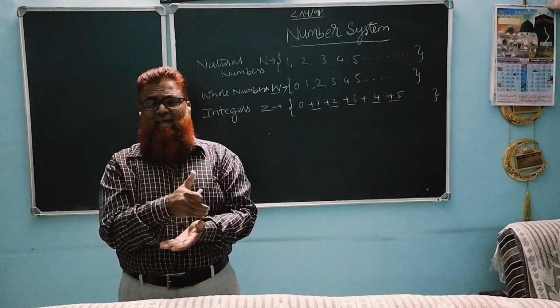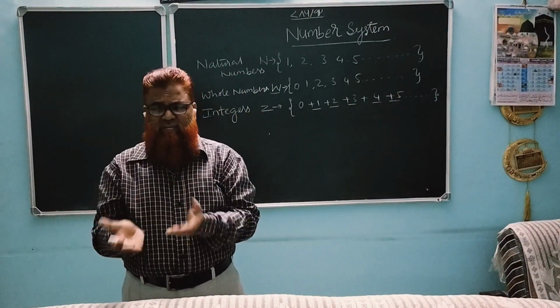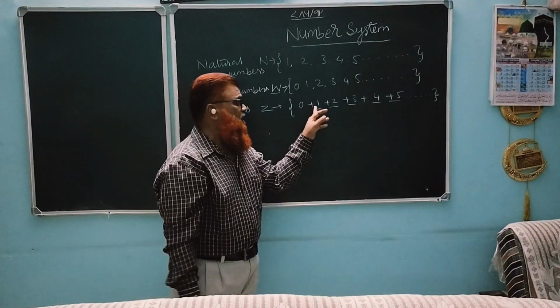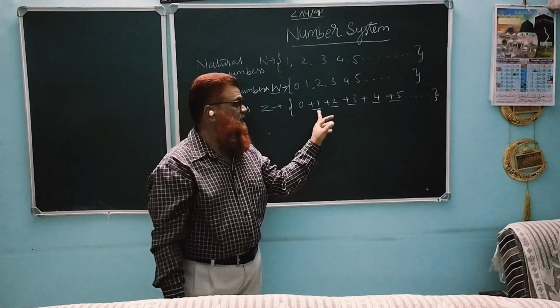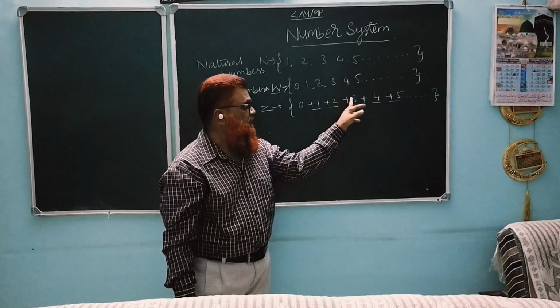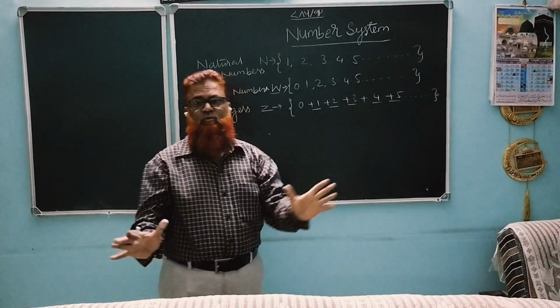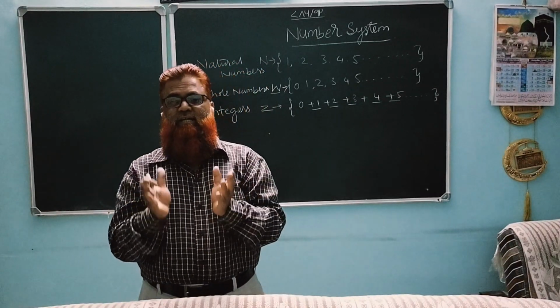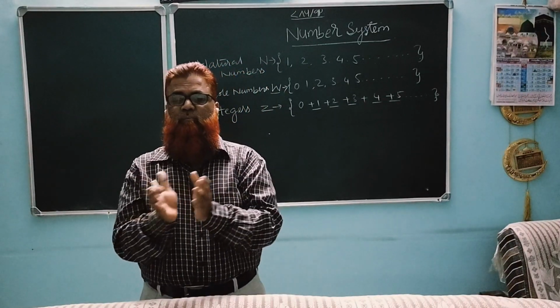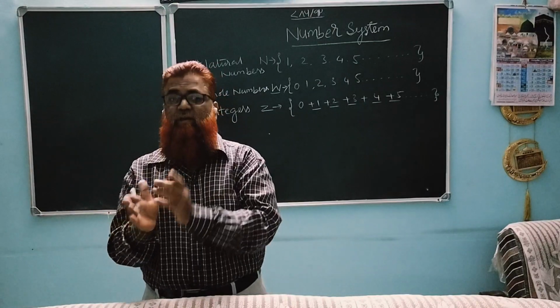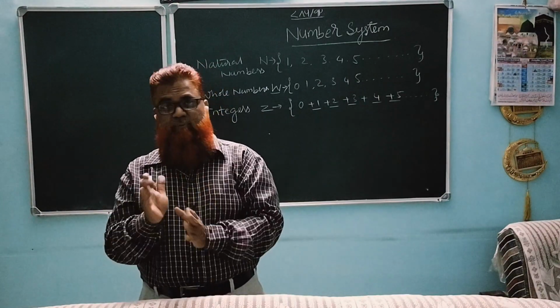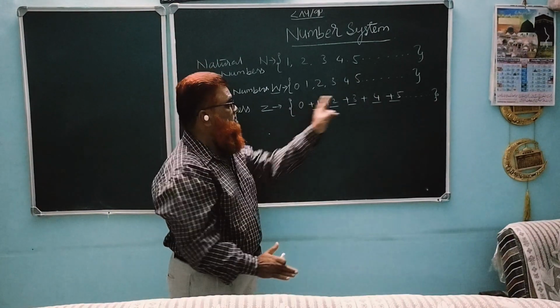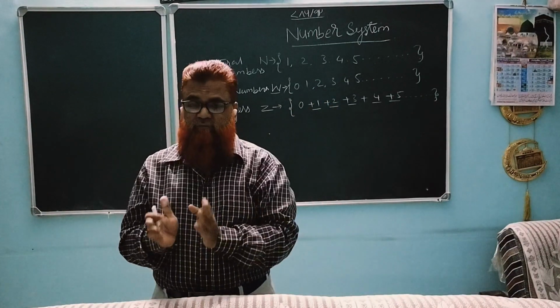What is being added extra? Along with plus 1, it's minus 1, plus 2, minus 2, plus 3, minus 3, and so on. So we can say this very clearly, that the integers consist of all positive and negative numbers along with 0. I repeat, integers consist of all positive and negative numbers along with 0.